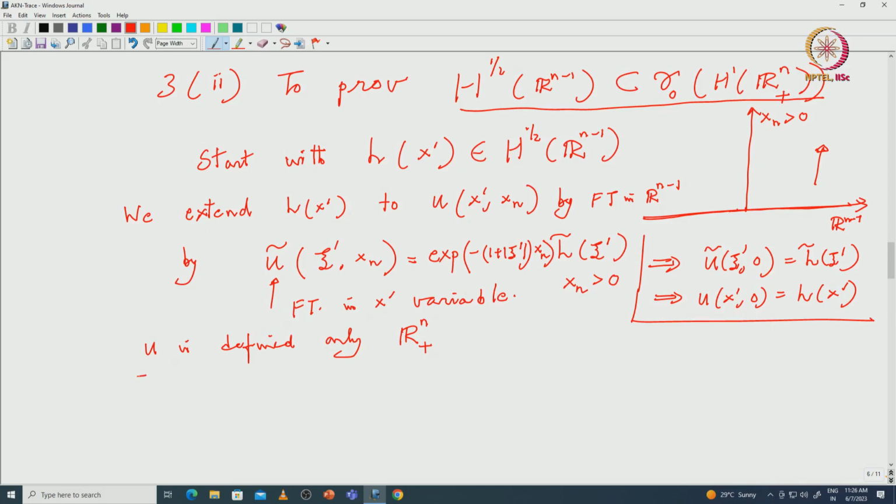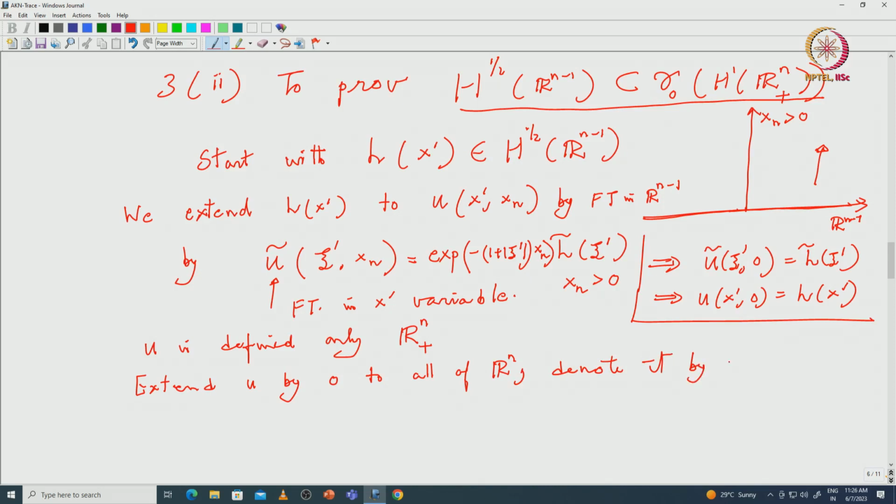We still extend u by 0 to all of R^n, and I will denote the extension by u again, because now I do not want to use u tilde.